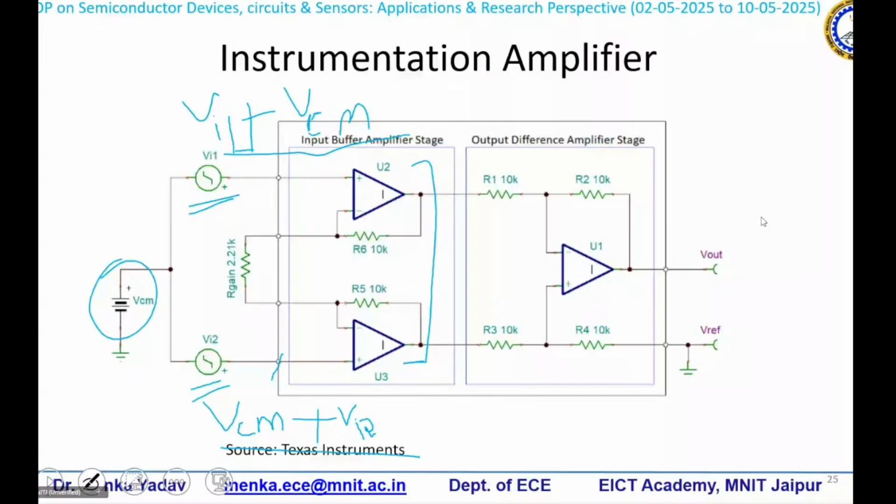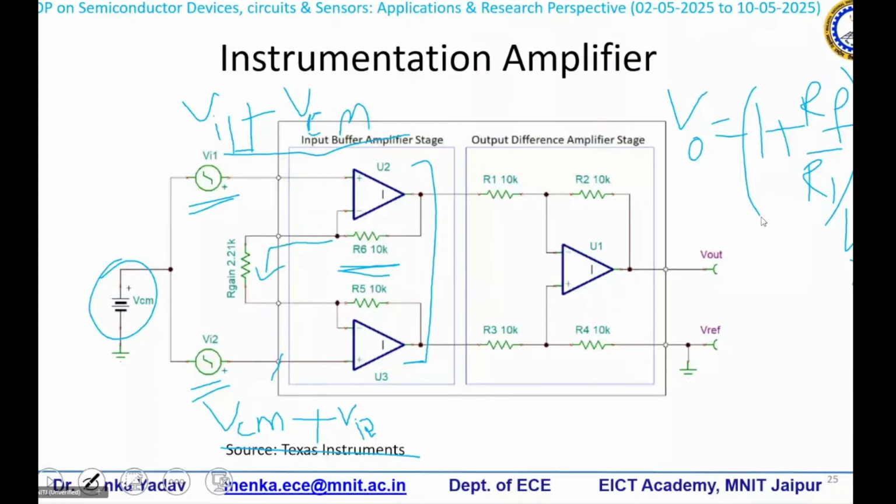For non-inverting amplifiers, my VO is equal to 1 plus Rf upon R1 into V plus, whatever I have supplied at the positive terminal of the op-amp, times 1 plus Rf upon R1. So what is Rf? Whatever the negative feedback supplied, that is your Rf. What is R1? From here to the ground.